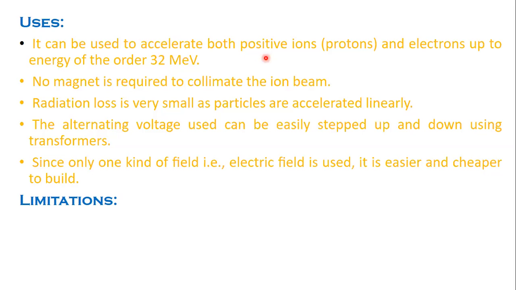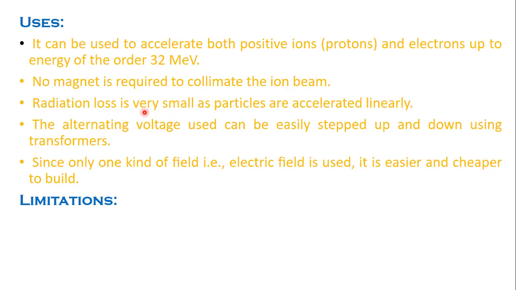You can accelerate either positive ions or negative electrons. In linear accelerators, we are not going to use magnets. A magnetic field is not required to collimate the ion beam, as we will see in other accelerators where we make use of the magnetic field. So here there is no need of magnets.